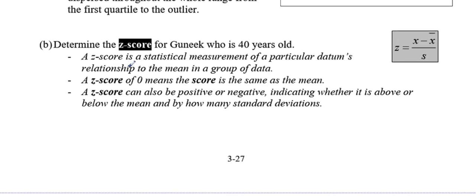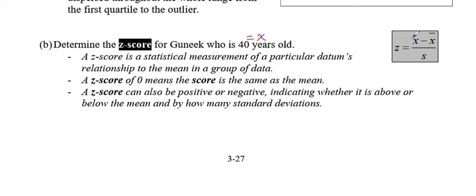So the next thing we're going to go over is z-scores, and we're just going to briefly touch on this because z-scores are covered in more detail in the last unit. This says determine the z-score for Ganeek, who is 40 years old. So 40 is represented by the x in the z-score formula.